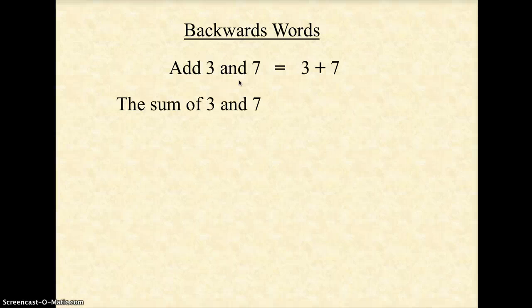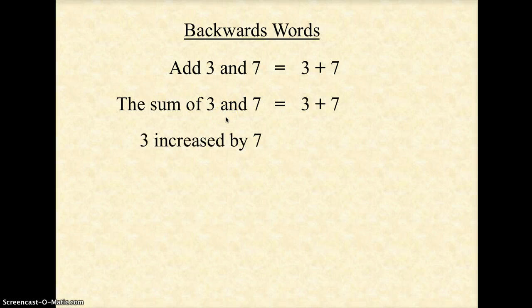Another one is the sum of 3 and 7. You can write it in symbols and numbers, the same as on top, 3 plus 7. Another one is 3 increased by 7. You may write it in the same order as before, 3 plus 7.